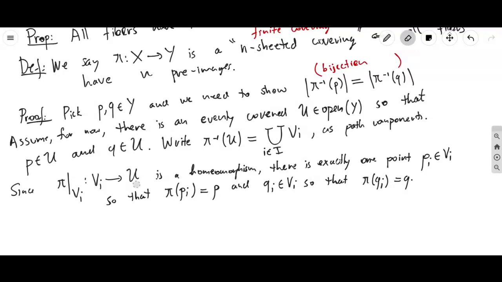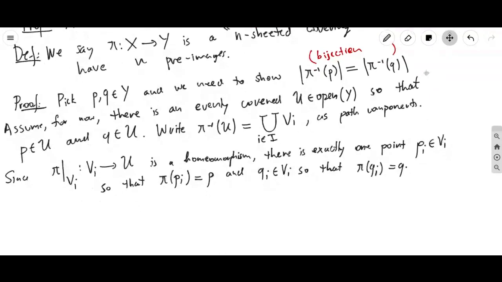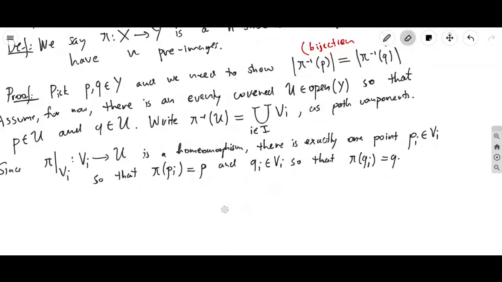So there's exactly one preimage in this ith path component, right? So you have a one-to-one correspondence.